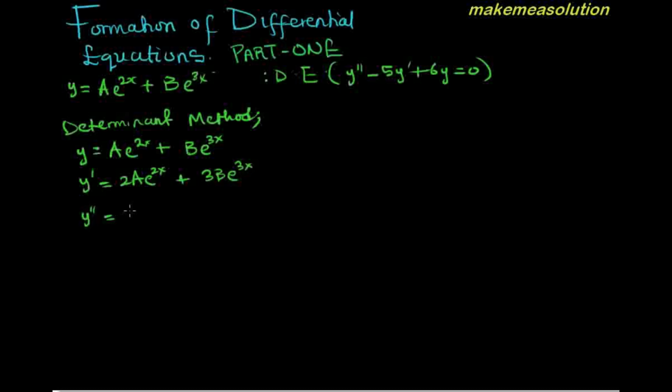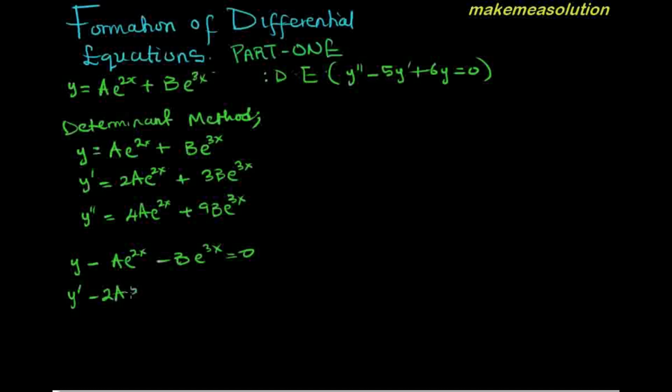and y prime prime is equal to 4a exponential 2x plus 9b exponential 3x. Now if we rearrange this particular equation in this form, for instance, y minus a exponential 2x and minus b exponential 3x equal to 0. So we have also y prime minus 2a exponential 2x and minus 3b exponential 3x equals to 0.